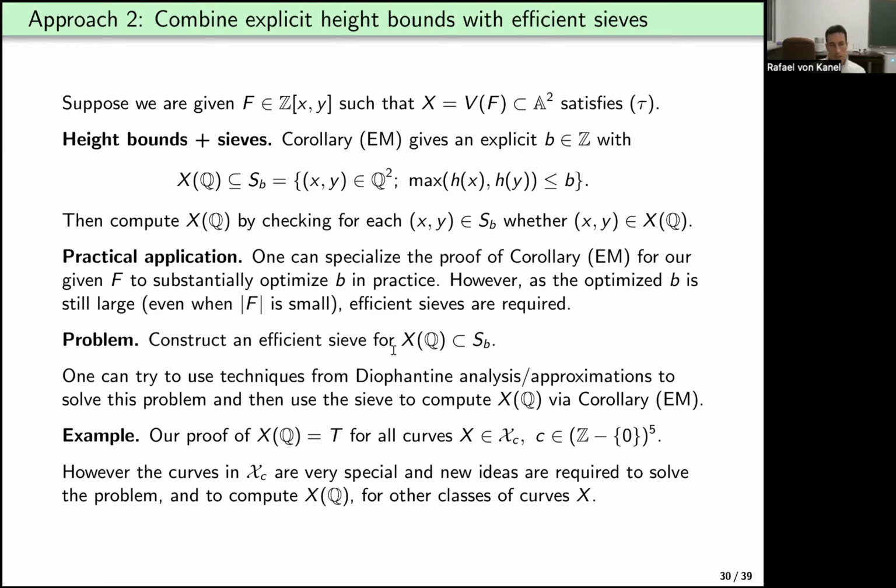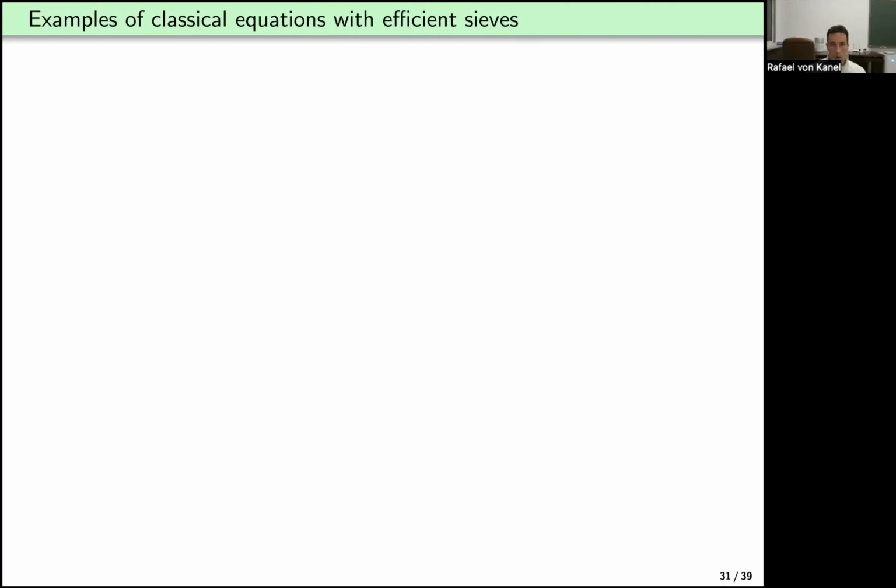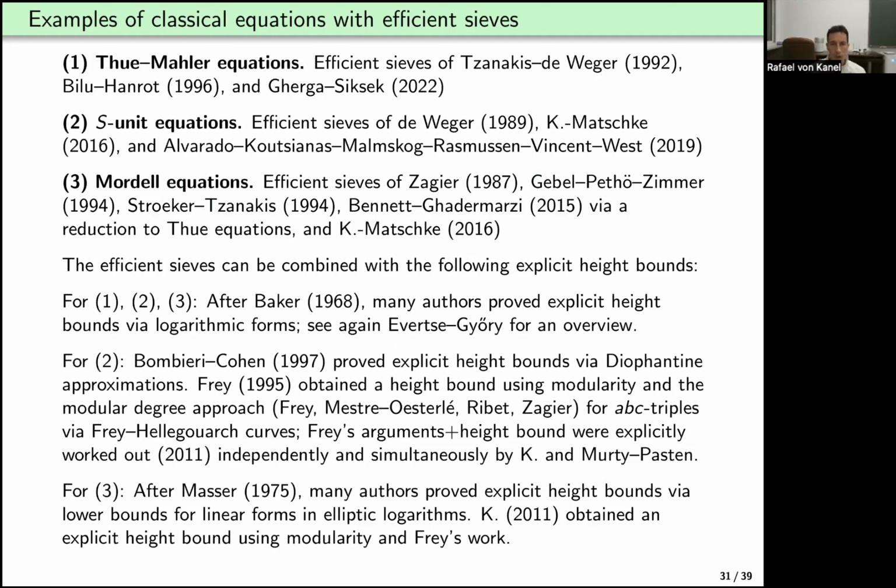The hope is that techniques for other, more classical Diophantine equations can be used to study this problem. For this, I would like to mention some more classical equations which have efficient sieves. For example, one can look at Thue equations, for which one knows efficient sieves, or S-unit equations, or Mordell equations.